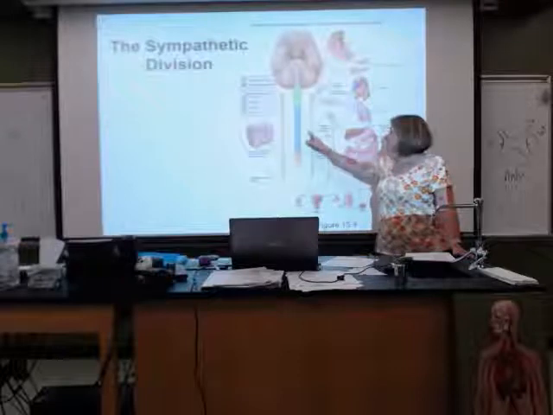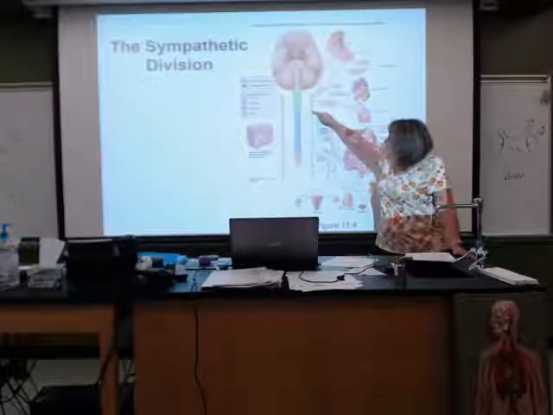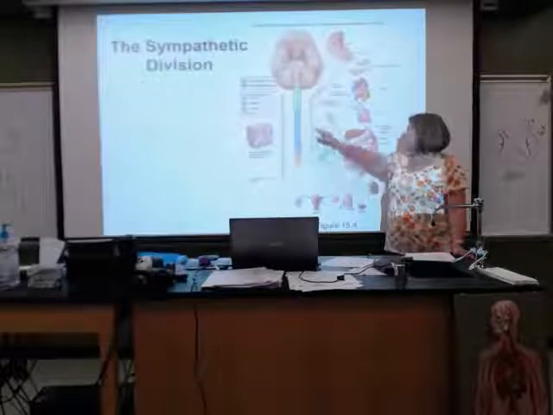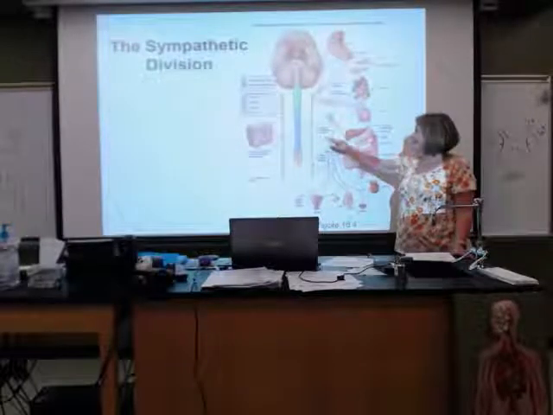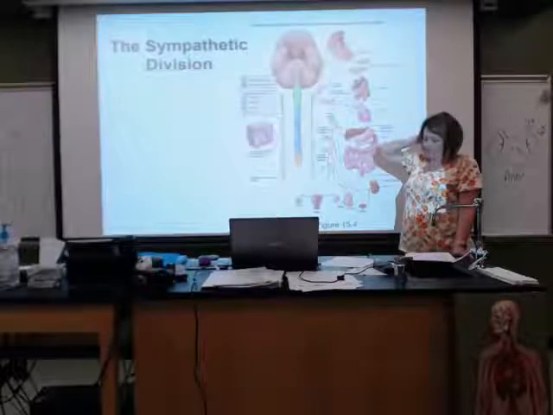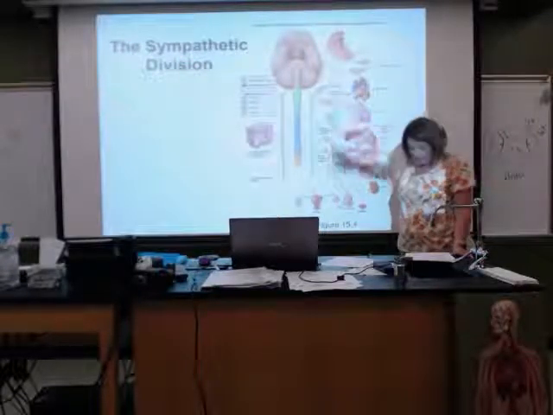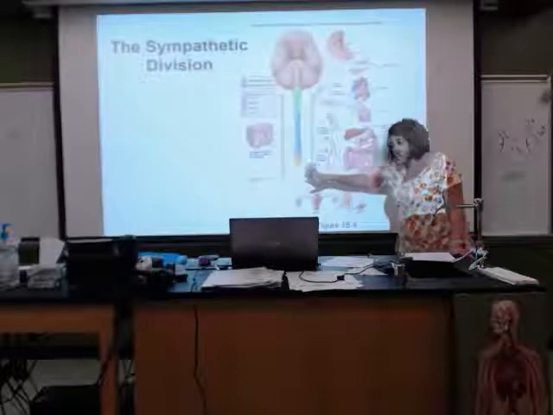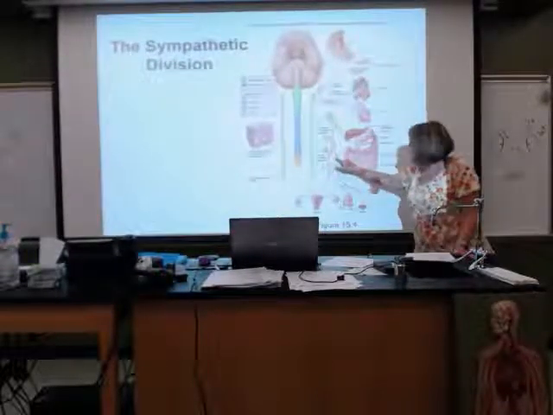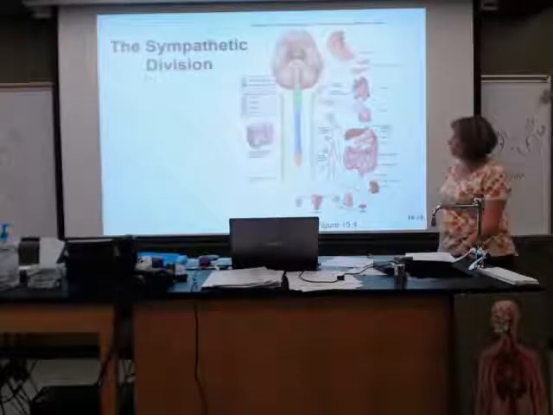So this area, from roughly T5 down, is going to go through and hit one of these 3 ganglia. I'm trying, why can't I remember the name of this ganglion? They have a name for them, and it's just totally leaving my head.